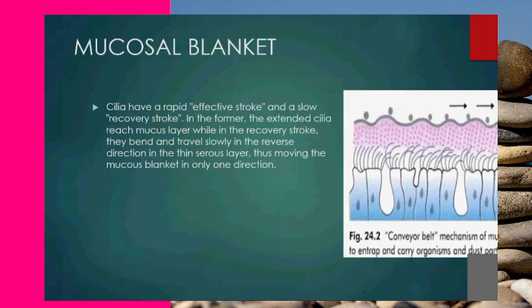So what will happen? Any microorganisms stuck in the gel phase can be moved towards the other direction by the movement of the cilia, by having an effective stroke and a slow recovery stroke. In the effective stroke, the extended cilia reach the mucous layer, while in the recovery stroke, they bend and travel and slowly come to the serous layer.